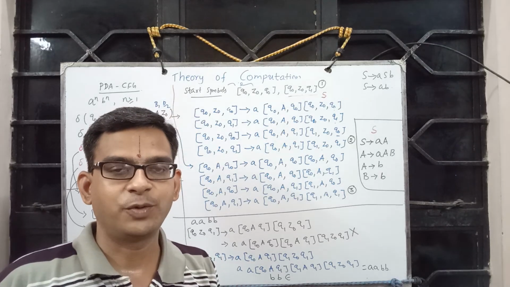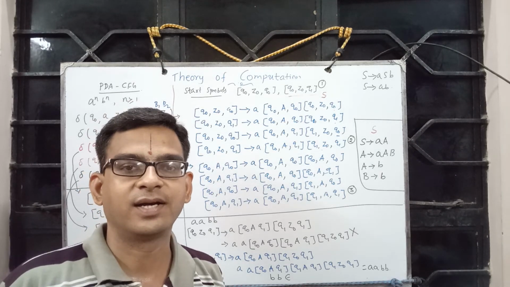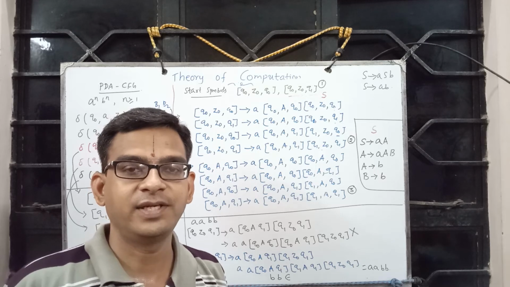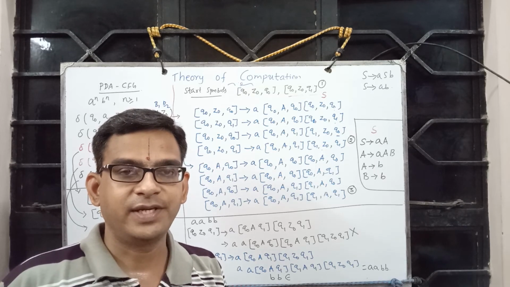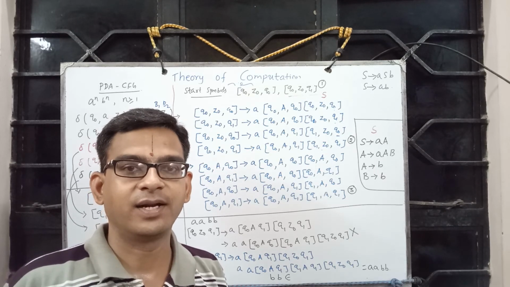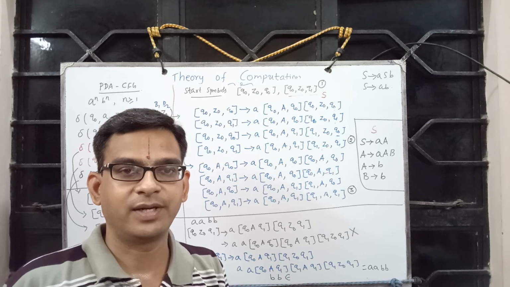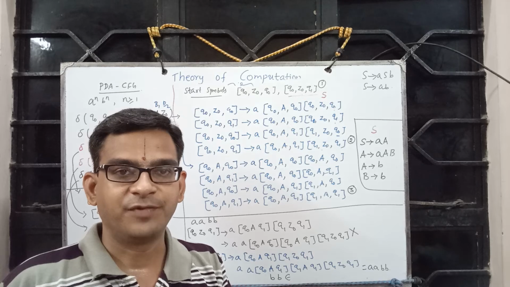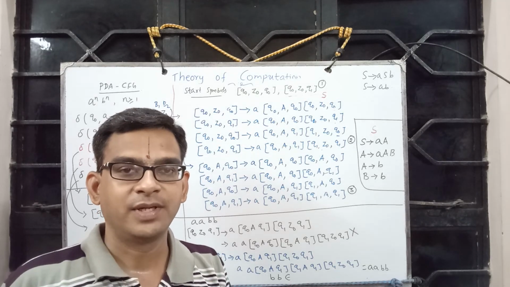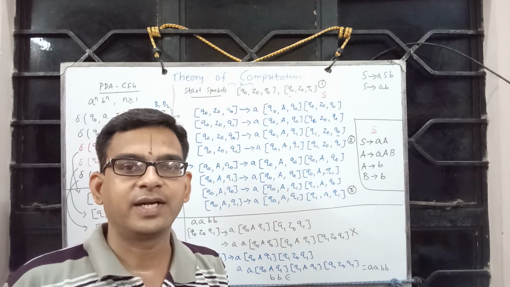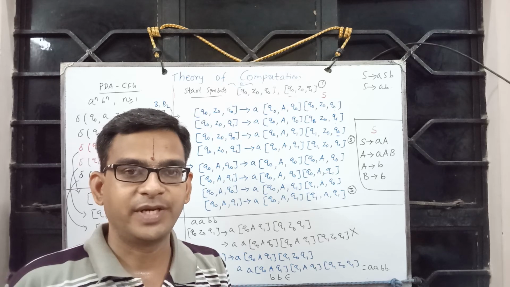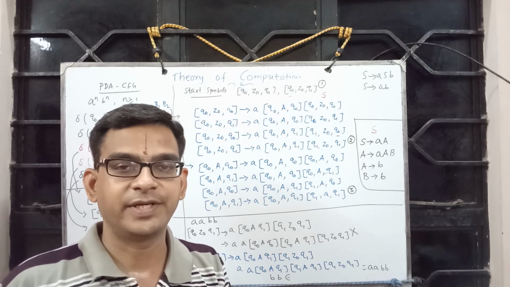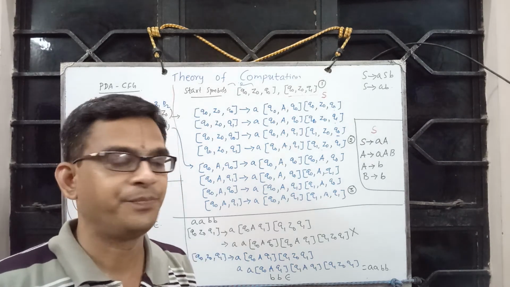Given a PDA, how to come up with an equivalent, the corresponding CFG. So far, what we have seen as part of typical examples like a power n, b power n, or a power n, b power m, where some condition on n and m, we were just looking at the underlying set, and then based on couple of strings, we derived the recursive formula.